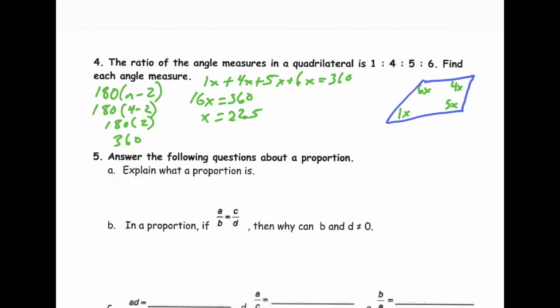So once again, make sure we answer the question. It does say find each angle measurement, so I do have to plug this in. So I'm going to get a 22.5 degree angle with the 1x. And then if I take 22.5 and I multiply it by 4, I get a 90 degree angle.